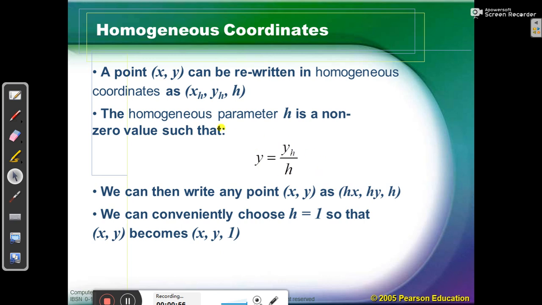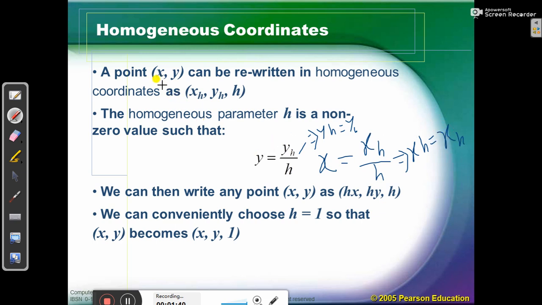Likewise, x equals xh by h, and y times h equals yh, and x times h equals xh. So this point can be written like this, by transferring the xh value as xh, or the yh value as hy, or yh comma h.